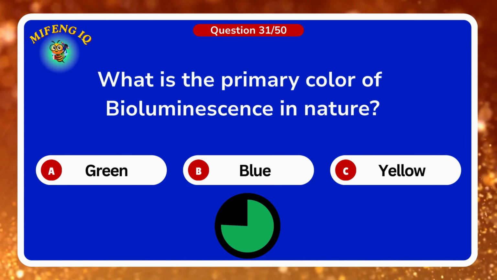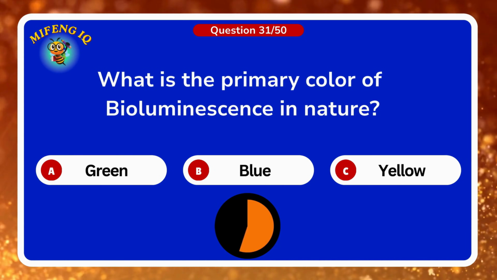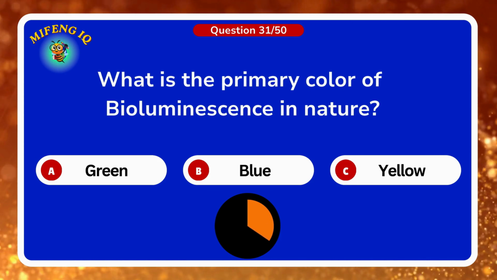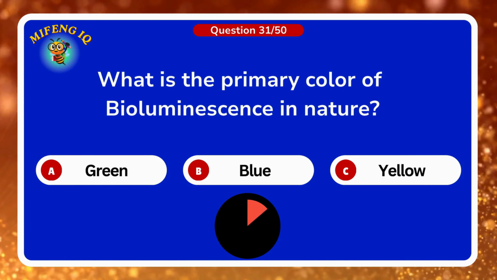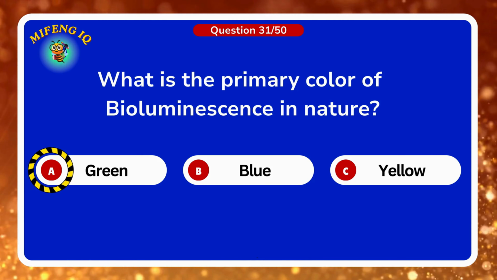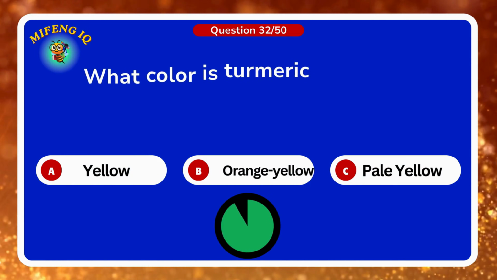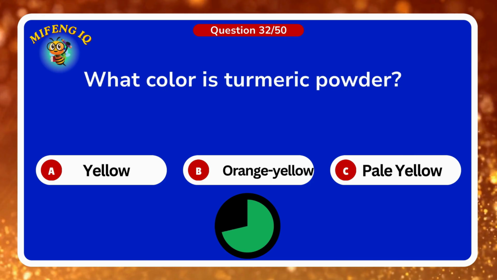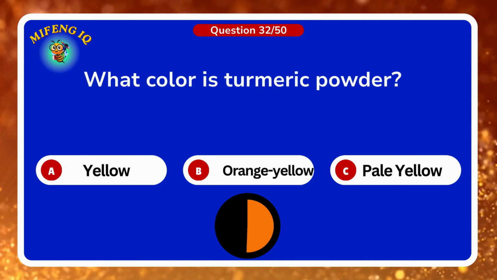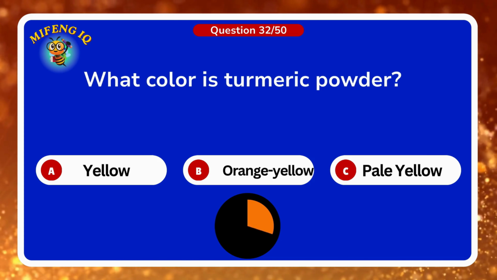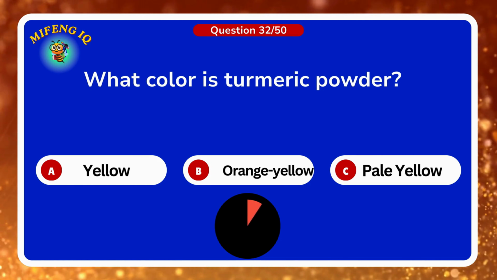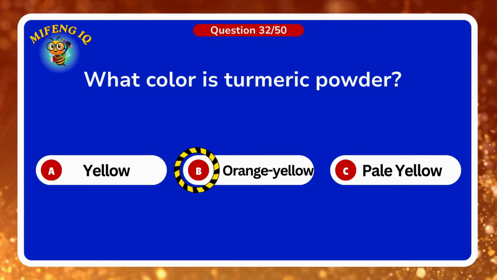The primary color of bioluminescence in nature is green. What color is turmeric powder? Orange yellow.